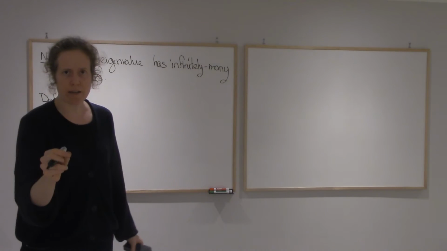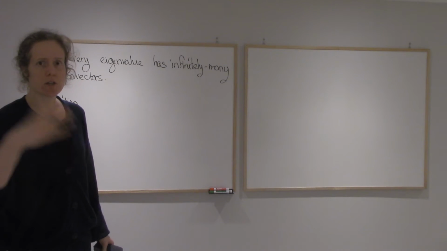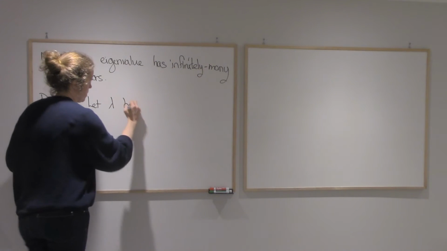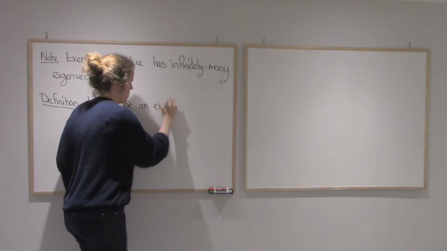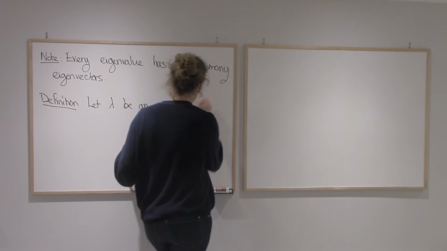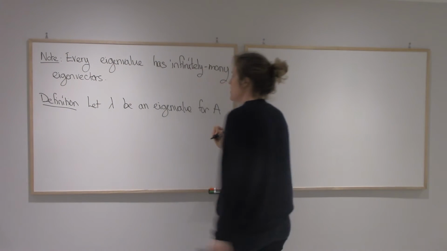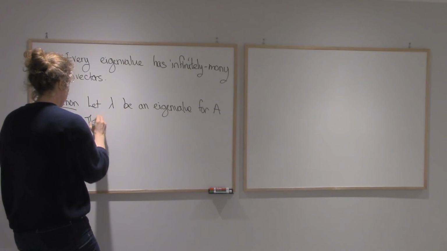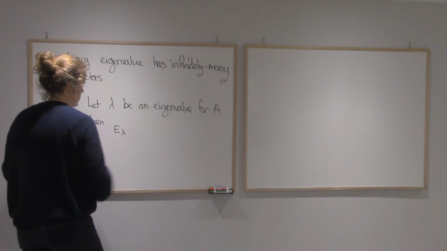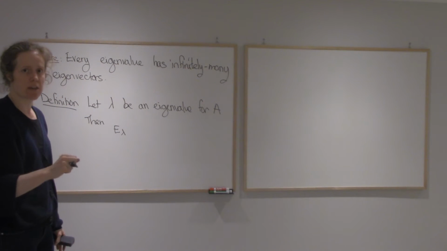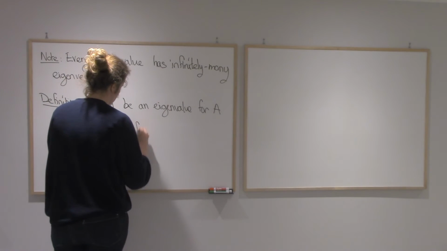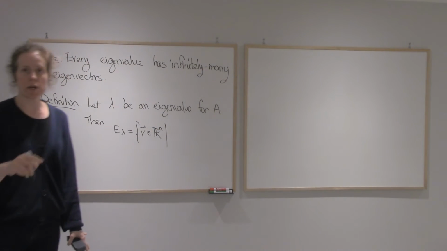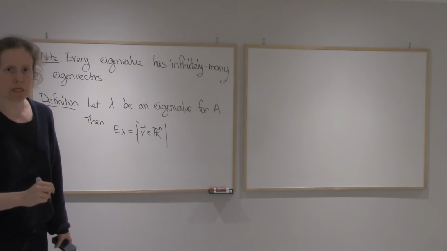So once I have an eigenvalue, lambda, I'm going to look at all eigenvectors. I'm going to call it E sub lambda. And I'm going to take every vector on which A acts like multiplication by lambda.